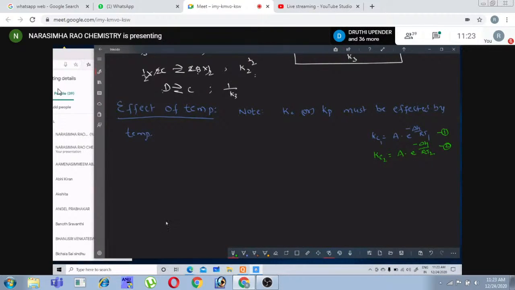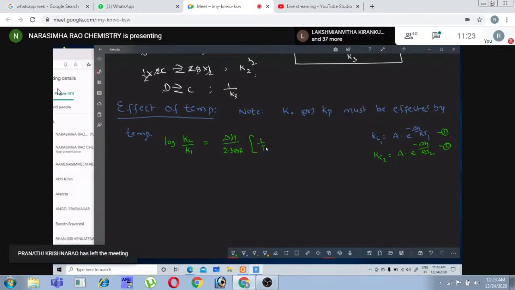Finally, I will get this log equation, no derivation. Finally, log K2 upon K1 is equal to delta H by 2.303 R into 1 by T1 minus 1 by T2.